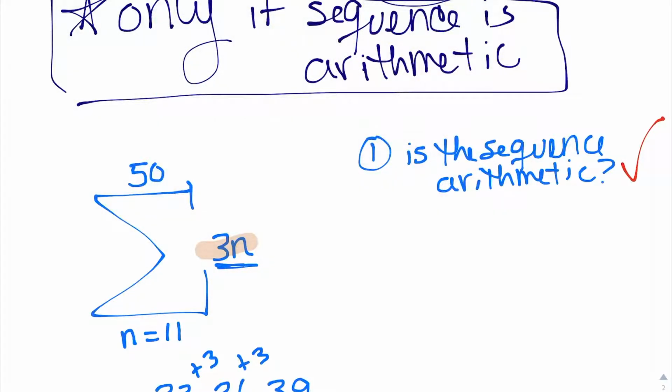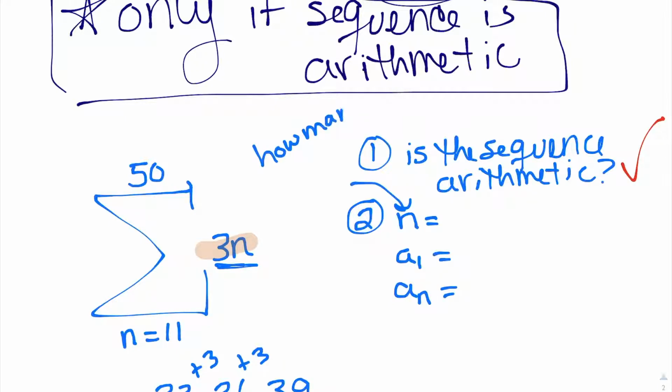It is arithmetic. Once we know that, then we have to find n, we have to find a sub 1, and we have to find a sub n. So in this case, n is how many numbers we are actually adding. How many terms are we adding?